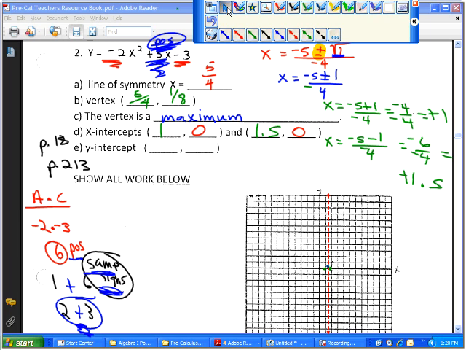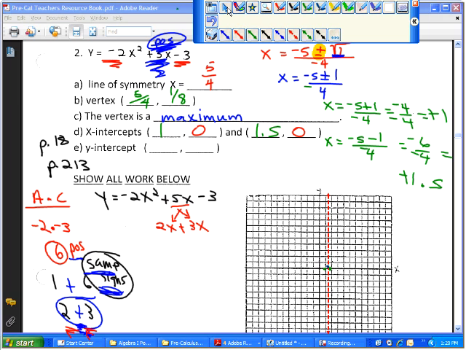The next step says to split the middle term into those two pieces. So we have our equation, y equals negative 2x squared plus 5x minus 3. We're going to change the 5x into a 2x plus 3x.